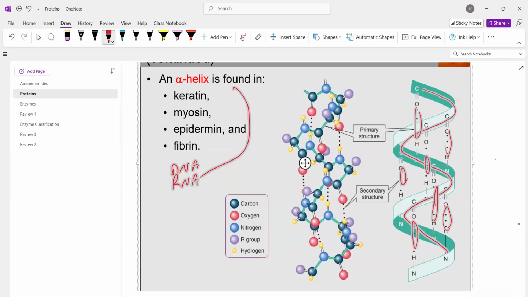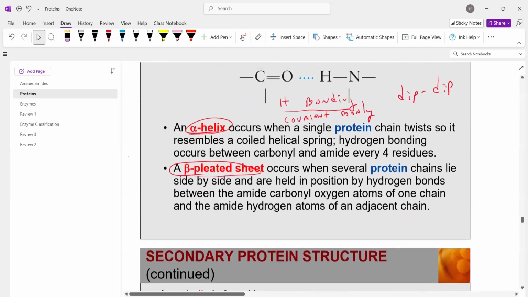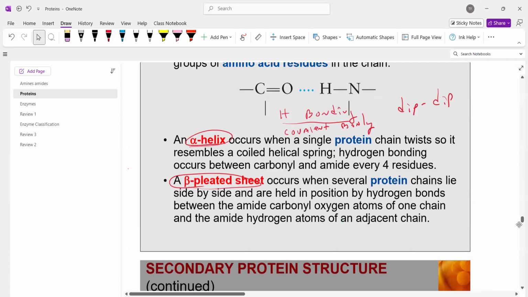Once the amino acid chain gets long enough, it starts becoming unstable. So we get these side chains that interact. And the interaction is using hydrogen bonding, covalent bonding, dipole-dipole.